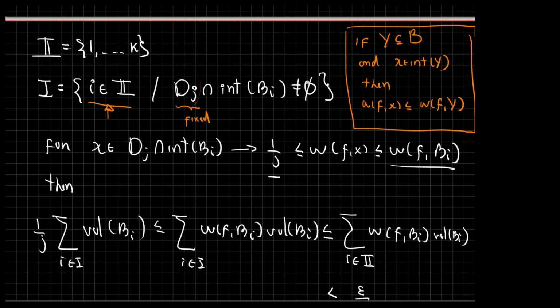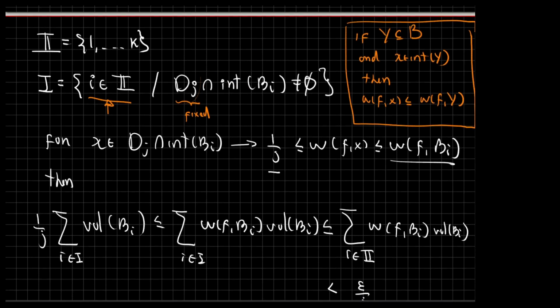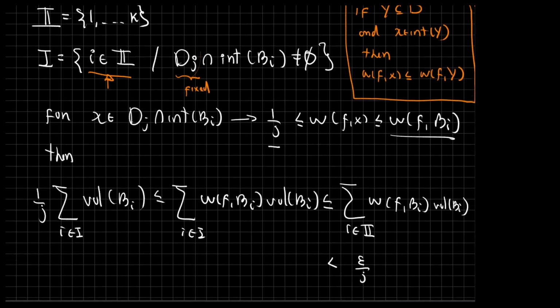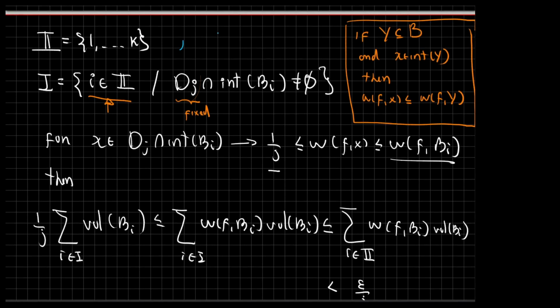And why is that? Well, because in the points in which the intersection of D of J with the interior is equal to the empty set, so for the points of this set, for every index here, the oscillation is less or equal than 0, and this is also less or equal than 0.